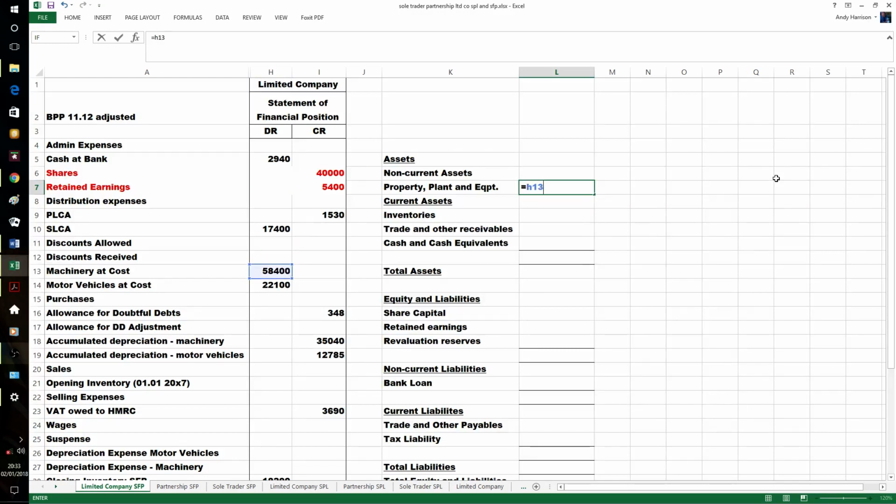The property, plant and equipment is machinery at cost plus motor vehicles at cost minus the two lots of accumulated depreciation. Comes to the same number, less information, but that's fine for shareholders at the annual general meeting.